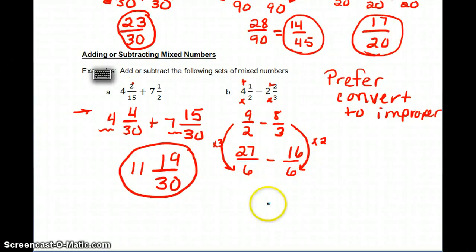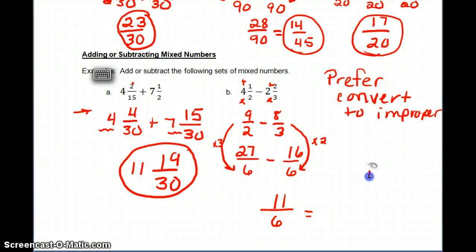Now we are ready to do the subtraction. So you always keep your denominator the same. That does not change. We have 27 minus 16 gives us 11/6. 11/6 is an improper fraction. You should never leave your answer as an improper fraction because, as we mentioned, it's not proper. So we want to convert that to a mixed number.